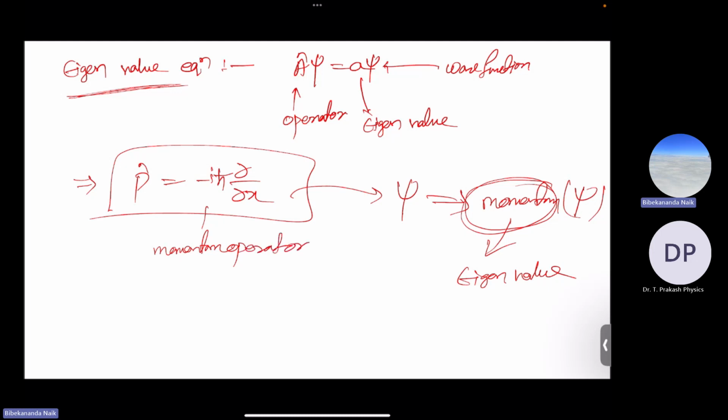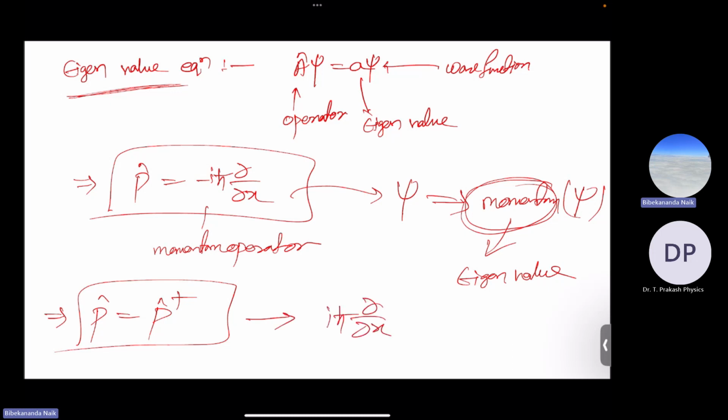Basically, Hermitian operators are those operators whose complex conjugate is equal to the original operator. Then this operator is called a Hermitian operator. Now if you take the adjoint, the complex conjugate is otherwise called the adjoint. So if you take the adjoint of this operator, minus i h cross del by del x, the complex conjugate of i will be minus i.